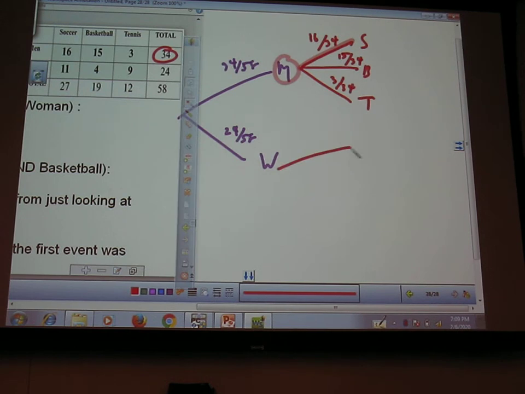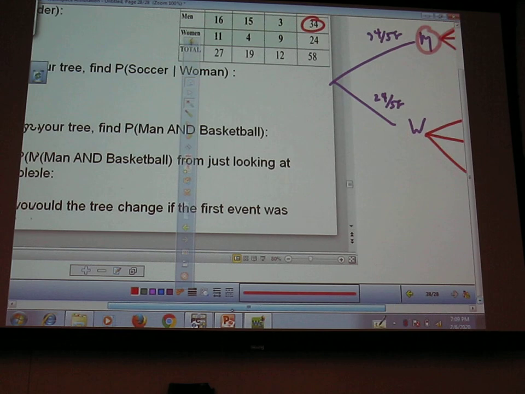What about the women? 11 over... Okay, I'm going to give you guys 1 minute to sort out the women if you haven't sorted out the women yet. Do that one, 14, and then try to answer the question.